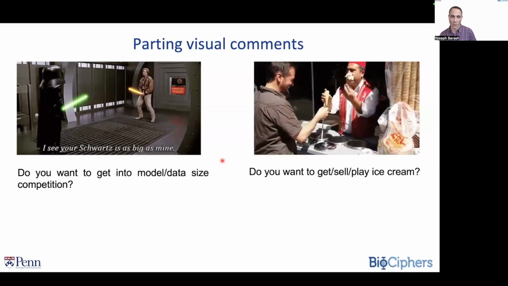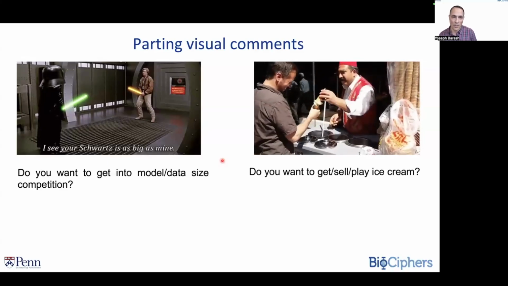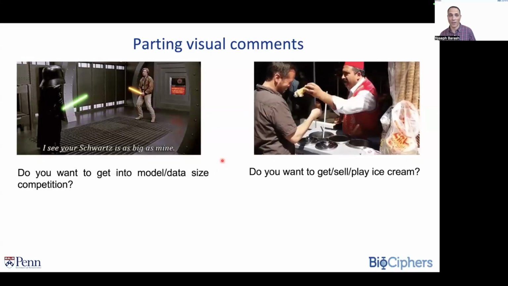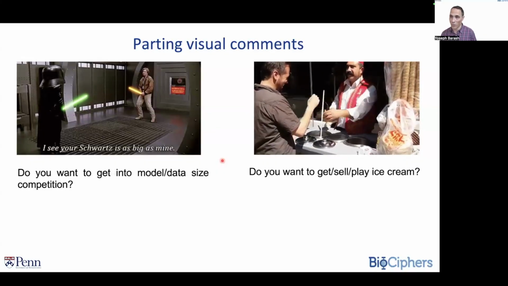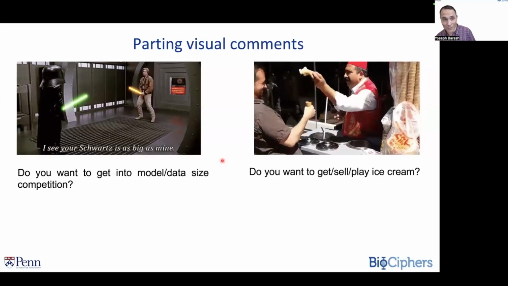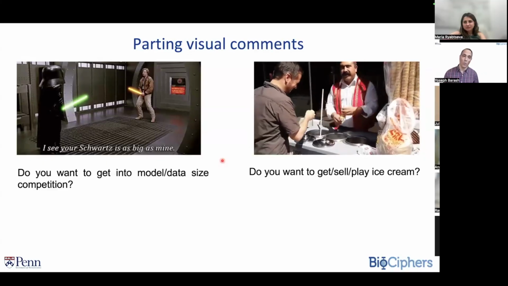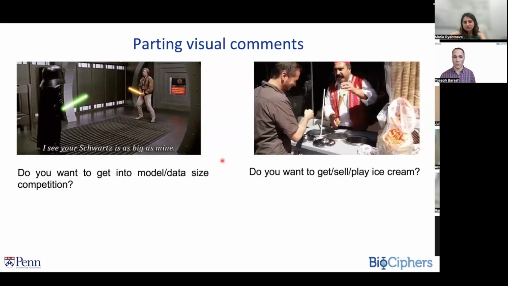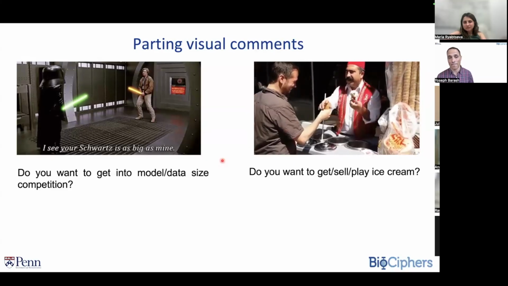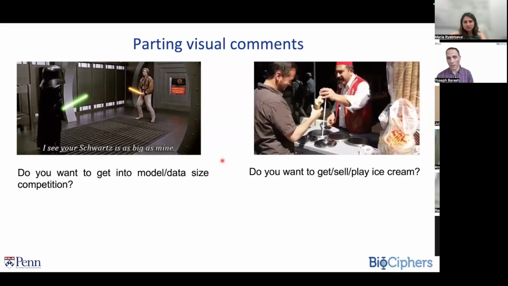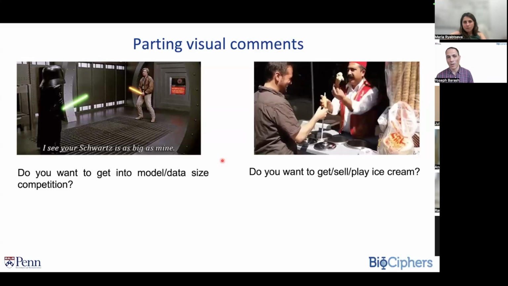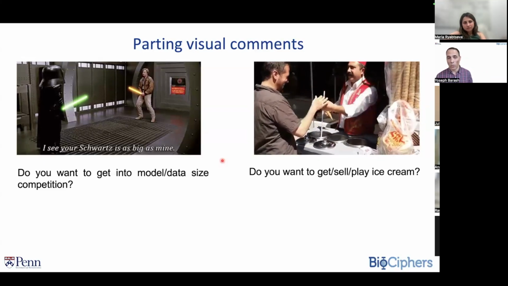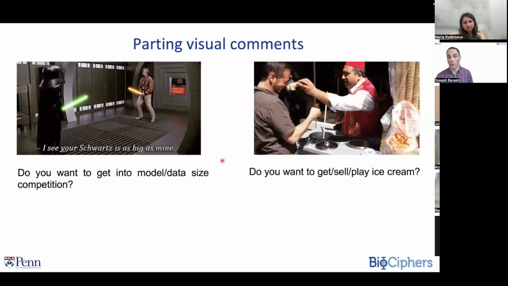To be fair to the ice cream seller, maybe his ice cream is amazing, and if you're focused on selling, I think he became a celebrity and probably got a lot of people to come to his stand. So again, what do you want to do if you think of it in terms of models, results, and things like that? And I think this is something that we constantly think about as PIs. But I think it's also good for the younger audience to think moving forward, what kind of science do they want to focus on, right?